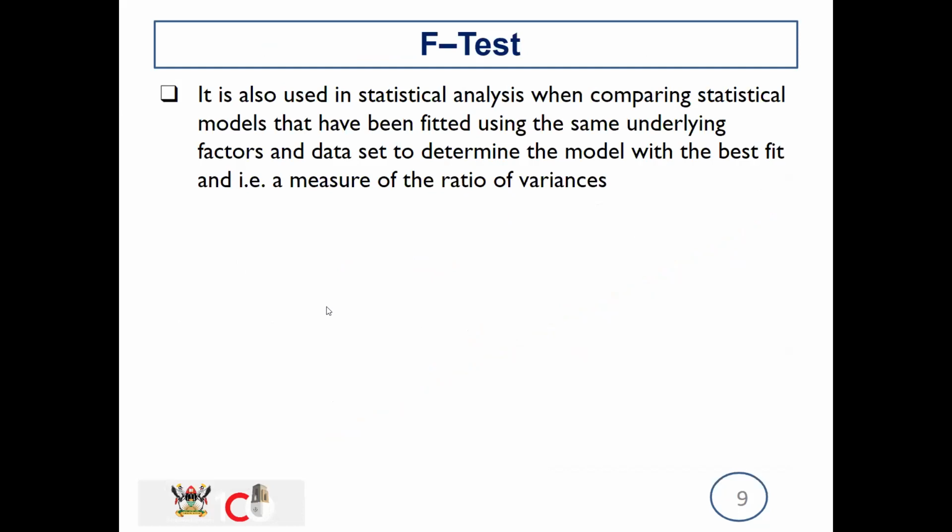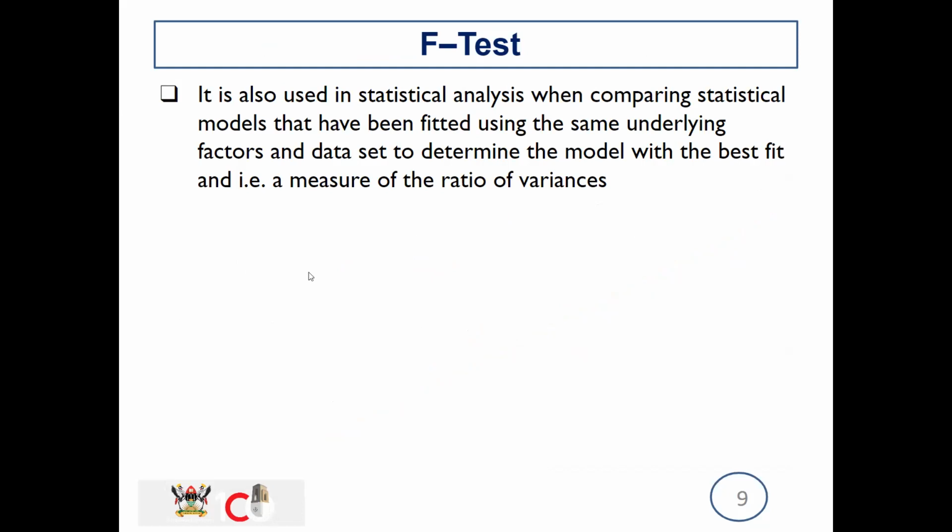So linear regression tests are described in form of two tests. One of them is the F test, which tells us, just in case we have two data sets, the variation in the standard deviations of the two data sets.